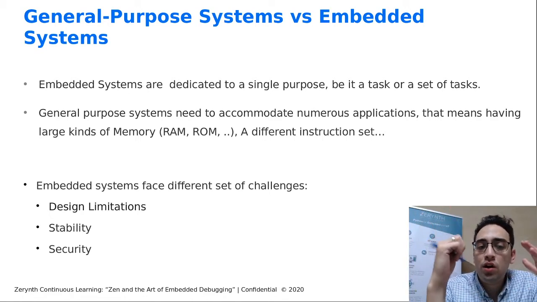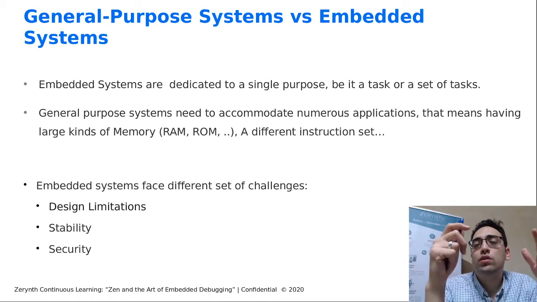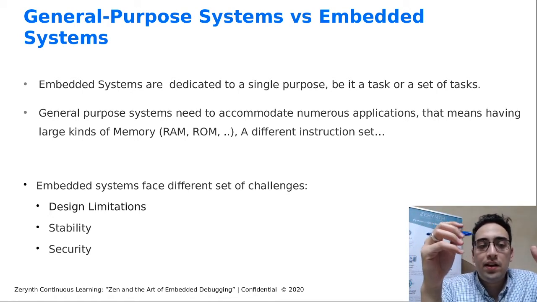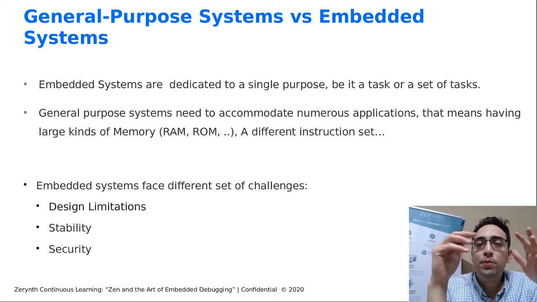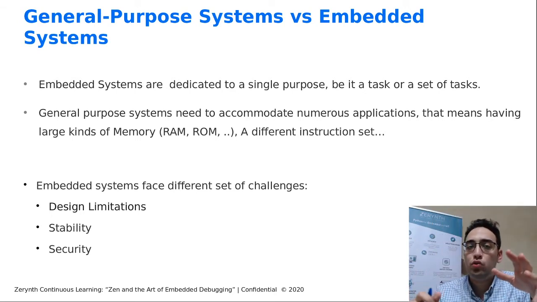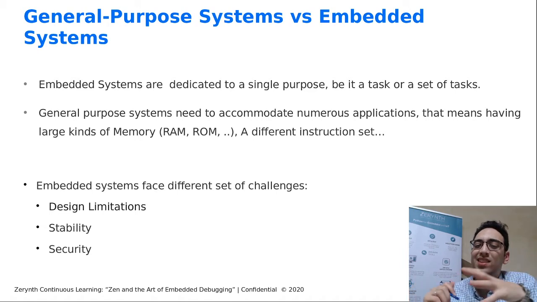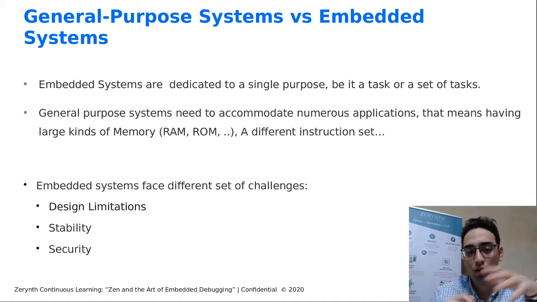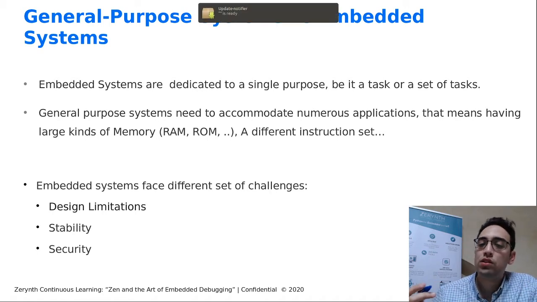Embedded systems are generally dedicated to a single purpose or a single task. That means that they are optimized to the lowest level to execute this single task or set of tasks. On the contrary, general purpose systems are made to accommodate numerous tasks.